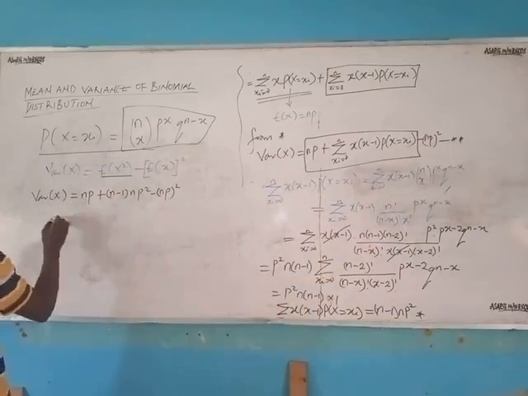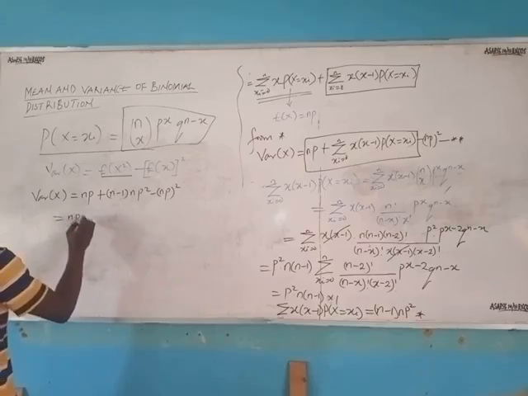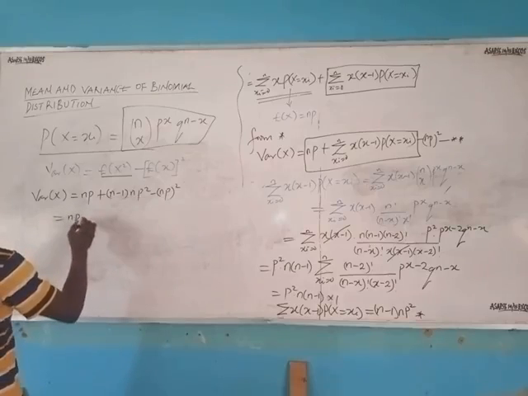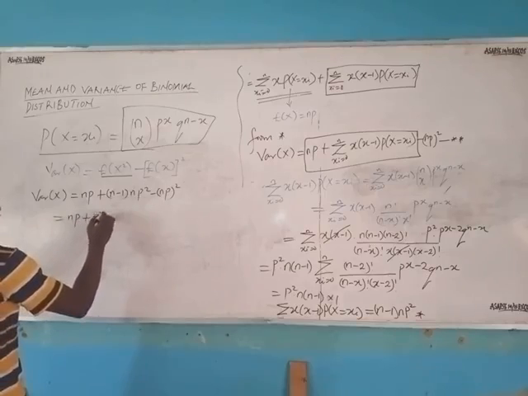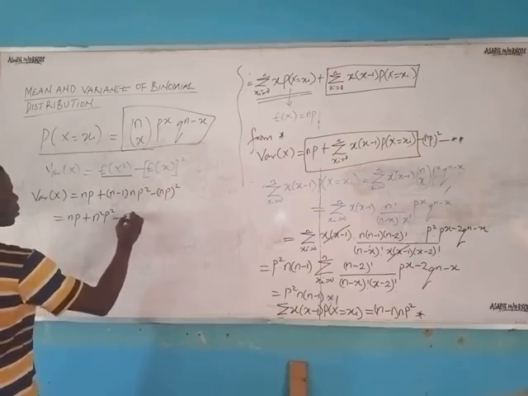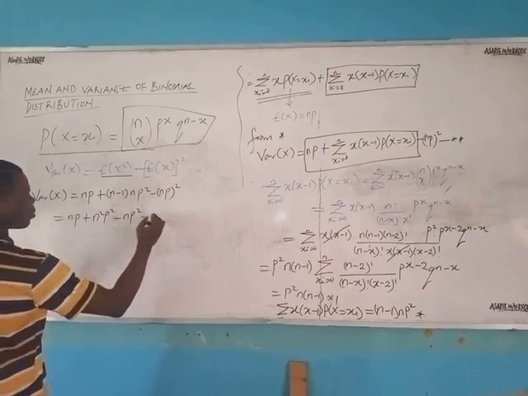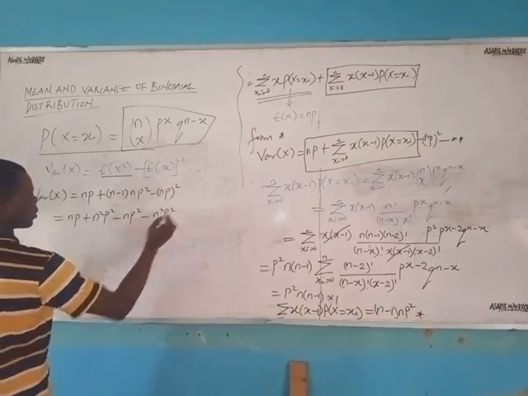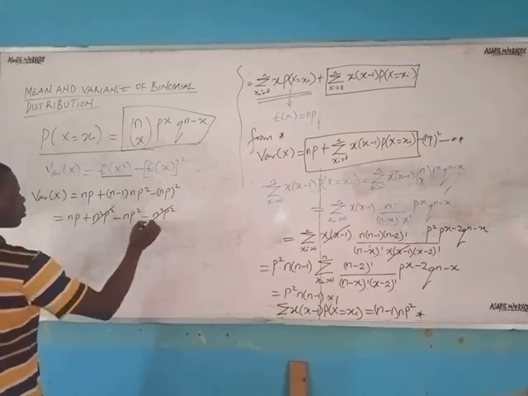So let's simplify now. This will be np, and when you multiply this by this, it will give you n squared p squared, minus this time this, np squared, minus open this, n squared p squared. So this will take care of this.